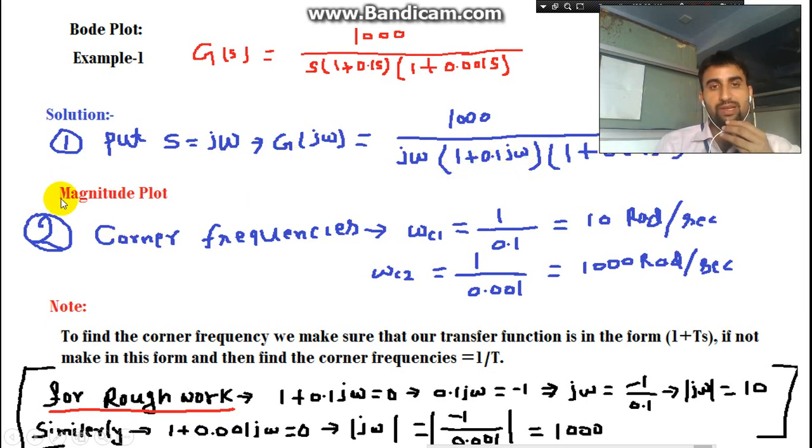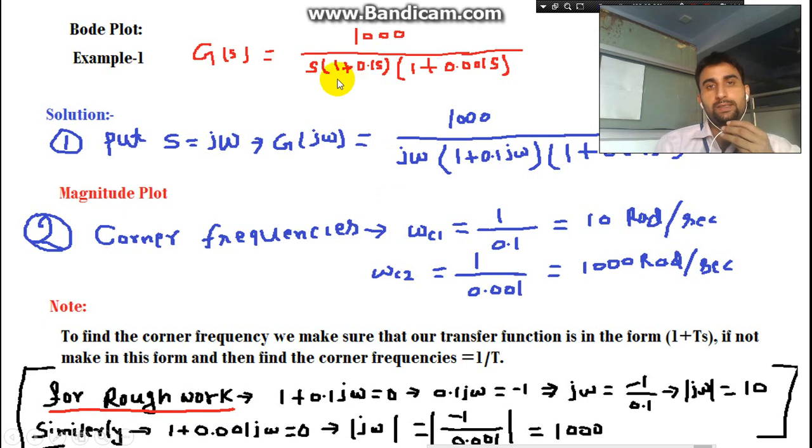Now we'll start with the magnitude plot. First we'll draw the magnitude plot, then we'll go for the phase plot. In the magnitude plot we'll first find out the corner frequency. The corner frequency is actually the frequency where the slope of the response or graph changes.